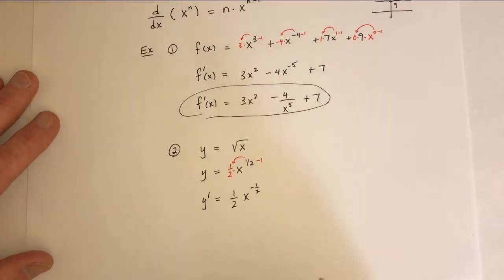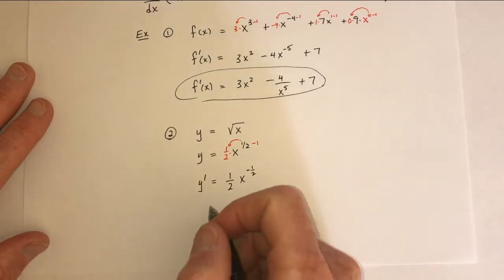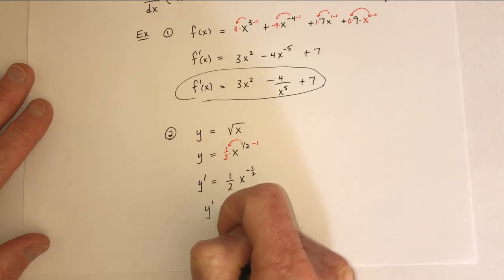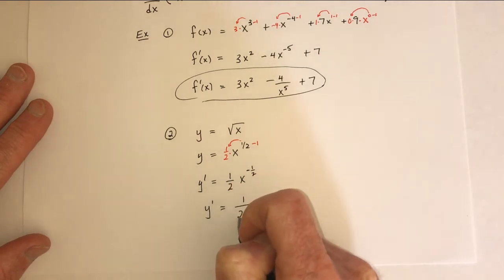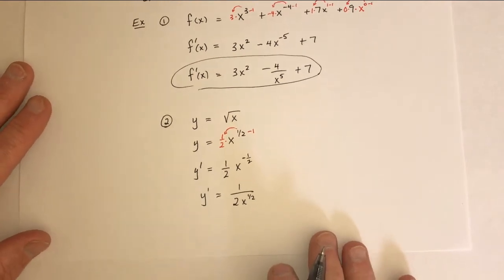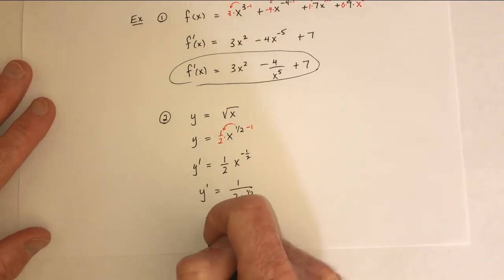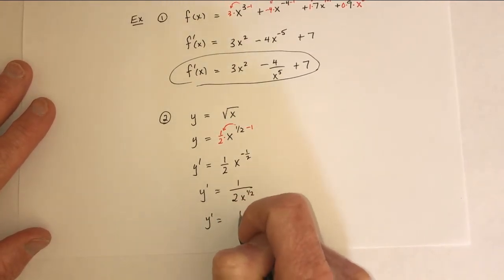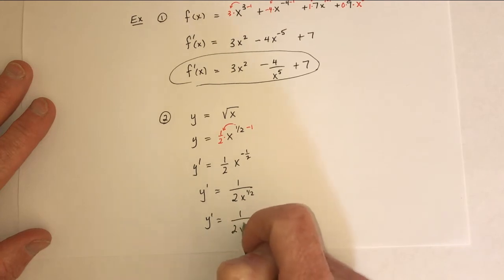And as I may have mentioned before, I don't really like negative exponents, so I'm going to rewrite this as 1 over 2, and then x to the 1/2. And then finally, I could finish by saying that that is 1 over 2 and the square root of x.